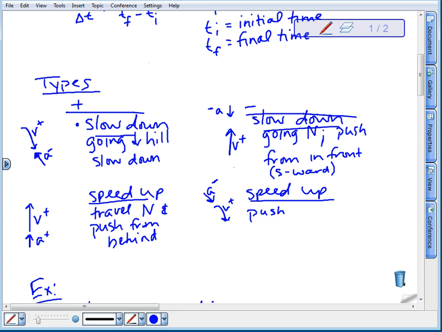So the direction of the push, the direction of the acceleration, is negative, it's downward. We're already going downward, so we would actually speed up, even though our acceleration is negative. So this is if we were going downhill, and we get a push from behind.